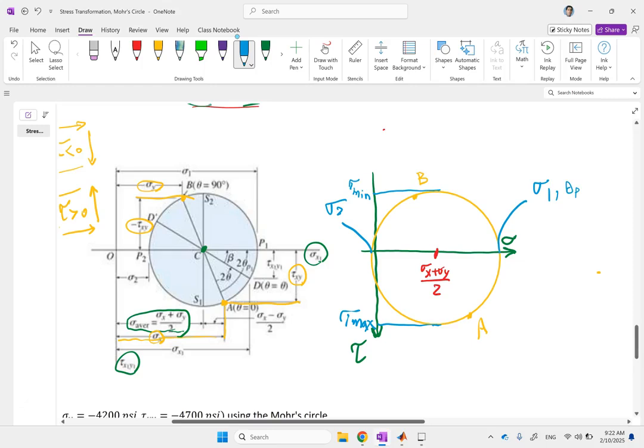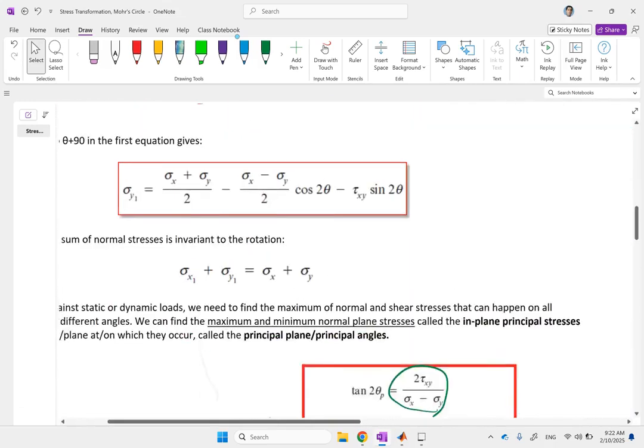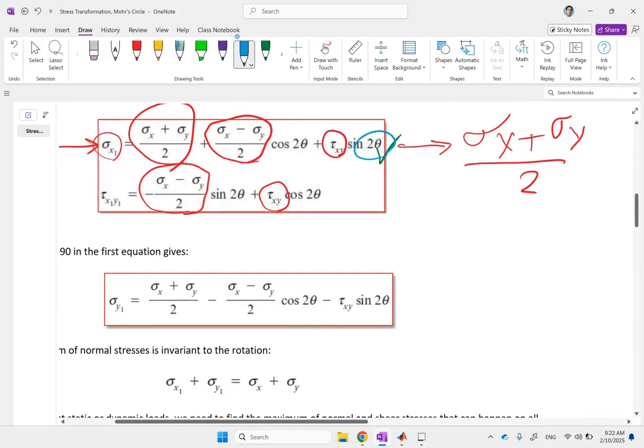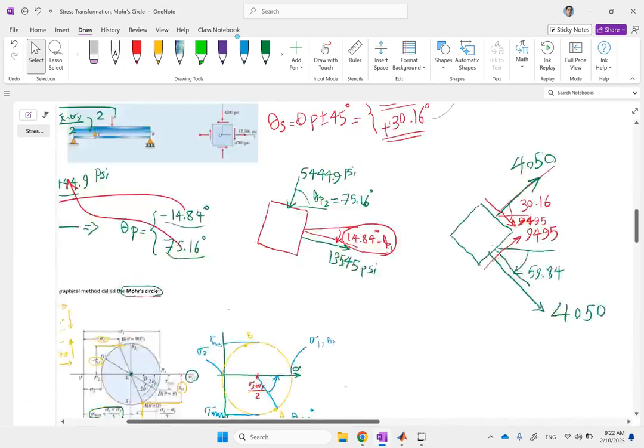The line connecting the center to A corresponds to 0 angle. This is theta p, but remember, if you look at the formulas, everything in them is based on 2 times the angle. So the angles on this circle are measured as 2 times what they are.